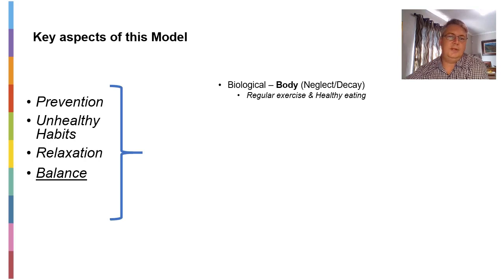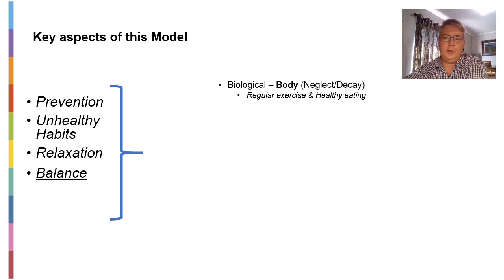Right, so we can look at the first one there, the biological domain, and there it's really about neglect or decay. So things like regular exercise and healthy eating will help your body not to be neglected or to decay, because we know even aging is to a large extent prevented if you can stay healthy.